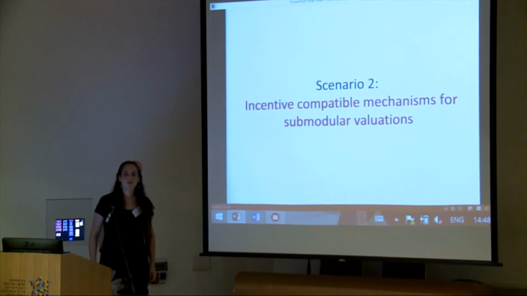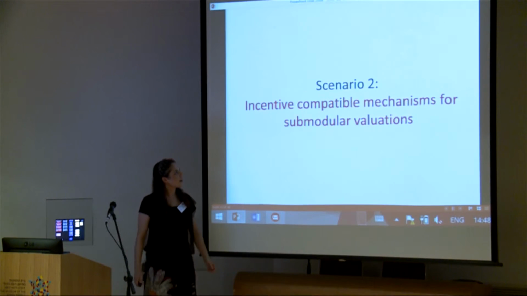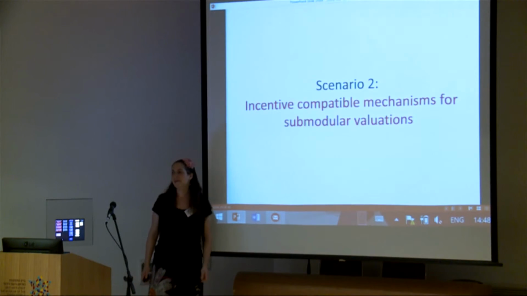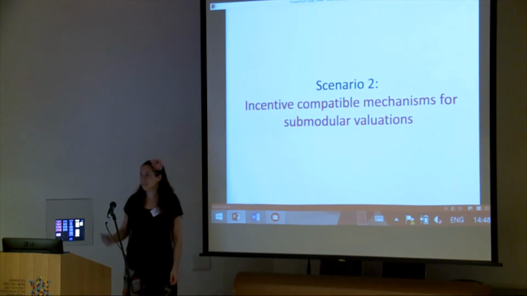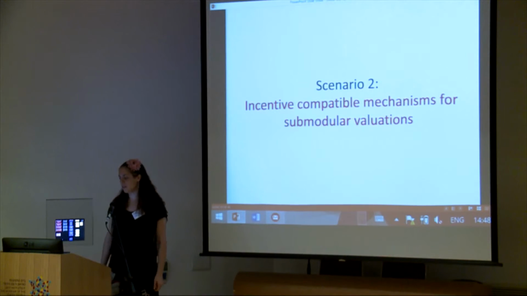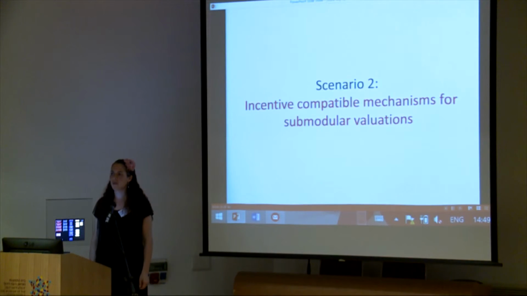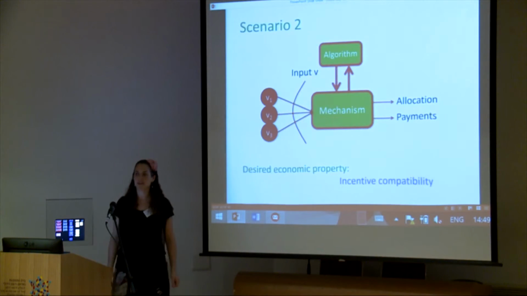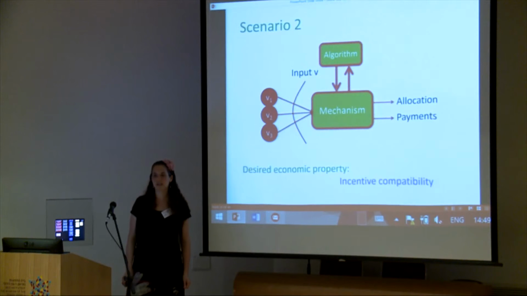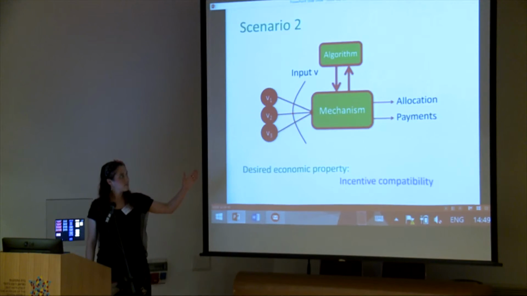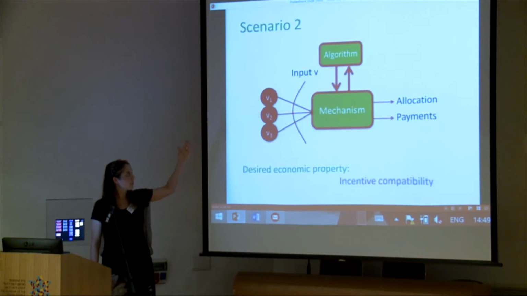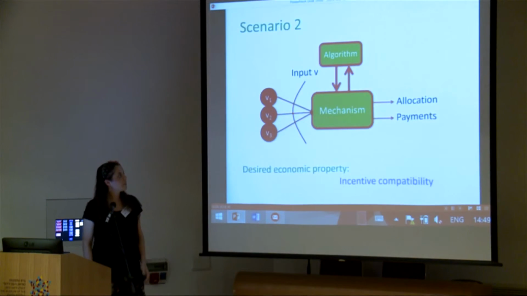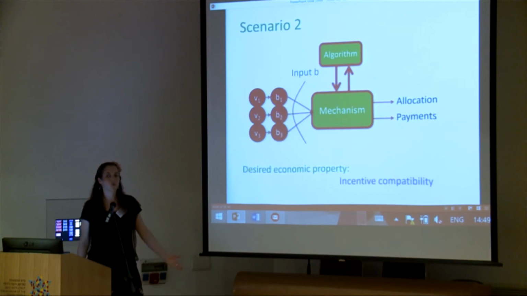And now I would like to switch gears to the second scenario, which is more closely related to the stuff Kostis talked about in the morning. So now I go back to the desired economic property, and the one I'll talk about now is incentive compatibility. As before, we have this mechanism. The input: we have agents in the market with valuations, but now the input is not the valuations because we don't know them.